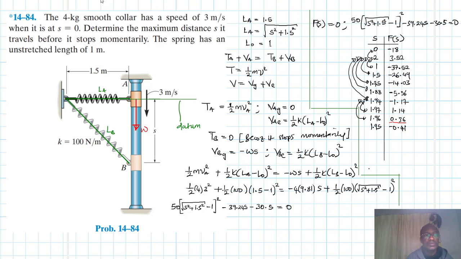Yeah, therefore S is approximately equal to 1.96 meters. All right, I guess this is about it. Let me outline just this particular value. We have found the value of S.